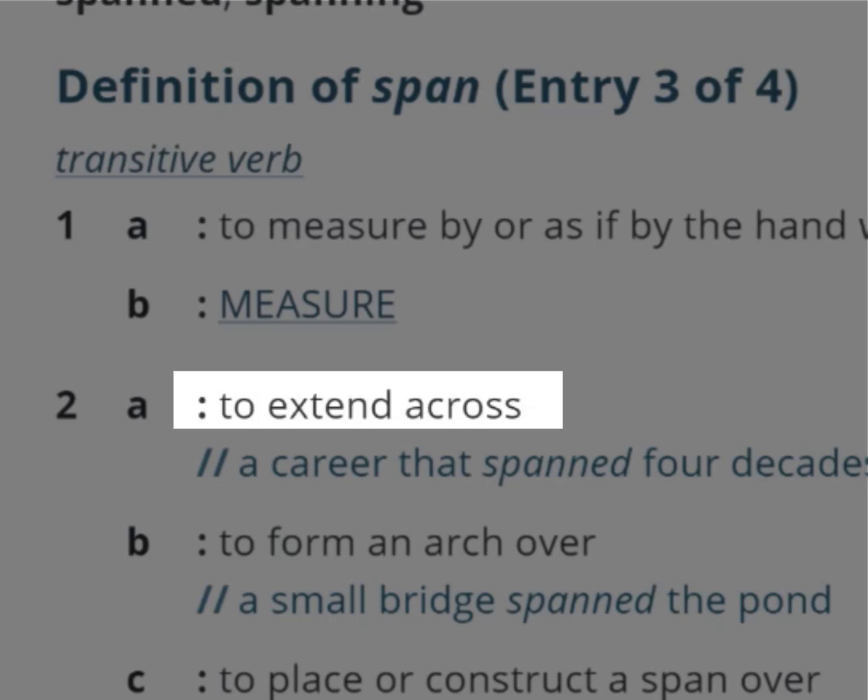The analogy that we're going to be using in math with this definition, we're going to have a set of vectors that in a sense will extend across some space, extend across a plane, extend across a line, extend across a three-dimensional space, a four-dimensional space.